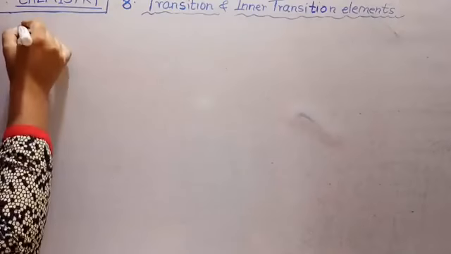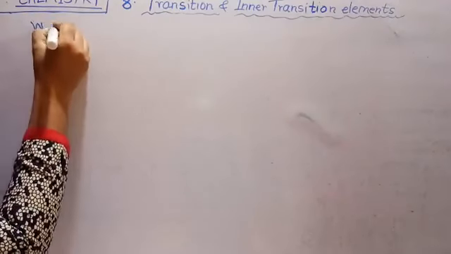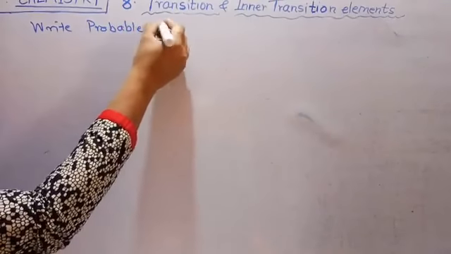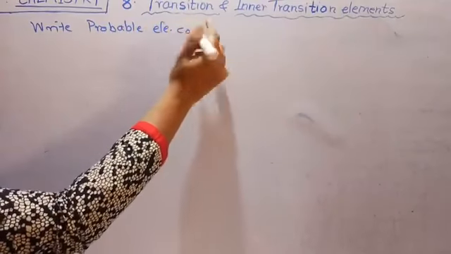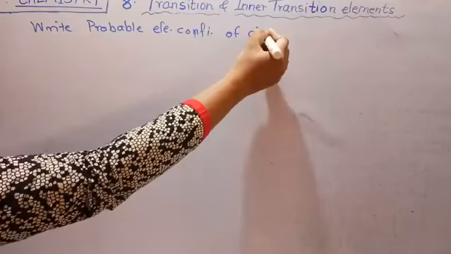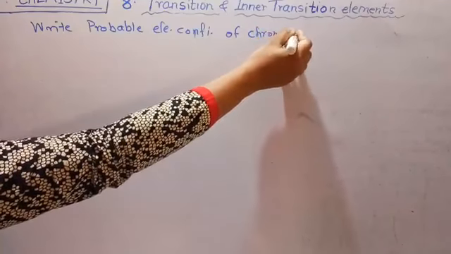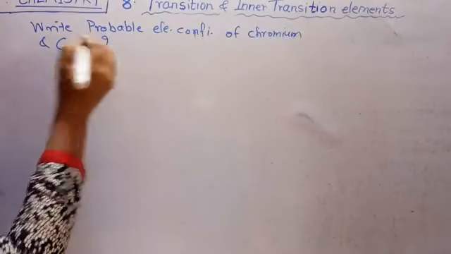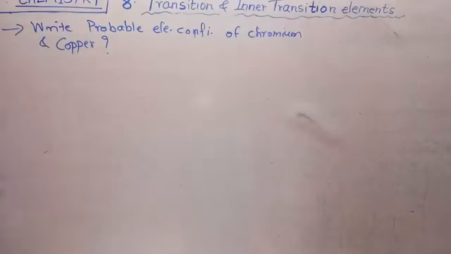Write the probable electronic configuration of chromium and copper. Same here, in this question no atomic number is given, so you should know the atomic numbers of chromium and copper.